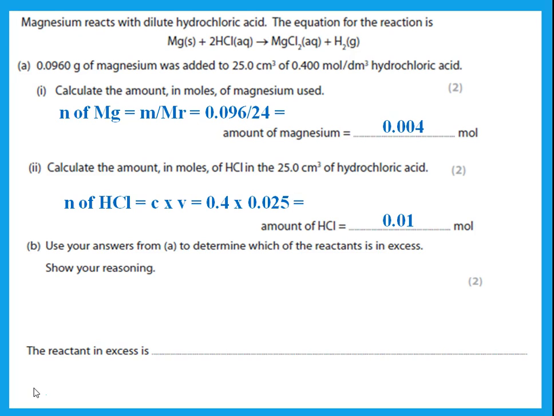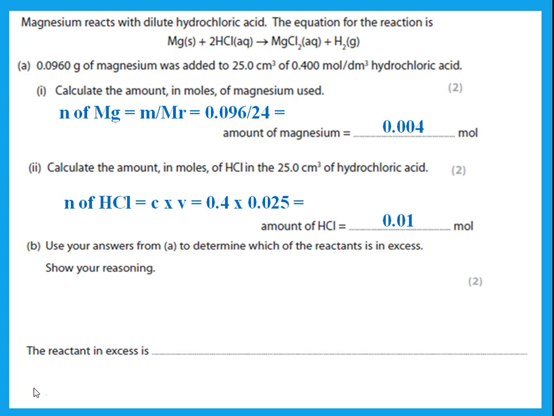Now use your answers to determine which is excess. How do we determine which is excess? The magnesium is 0.004. From the equation, the number of moles of HCl needed is what? The equation says that the number of moles of HCl is twice the number of moles of magnesium. So the magnesium is 1, the HCl is 2.